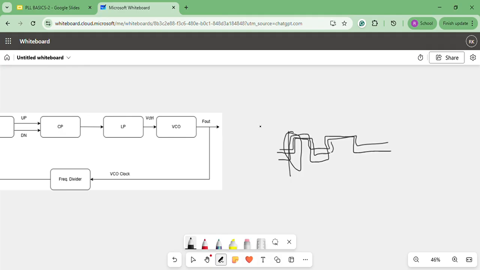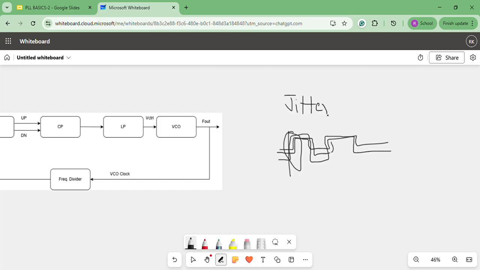Why do we need a PLL? Because we want to tune the PLL to our desired frequency. If this kind of jitter comes into our clock, it can disturb or make our output frequency noisy. So jitter is one of the most important factors to be considered during PLL design.